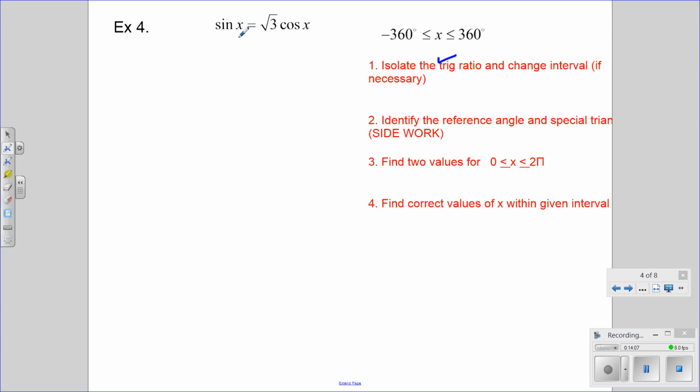So if I actually can rewrite this, maybe think of how we divide by cosine x. I can change this equation to tangent equals root 3. So always be thinking, how can I simplify this question so that it follows these same 4 steps and gets to a point that I can actually handle it.